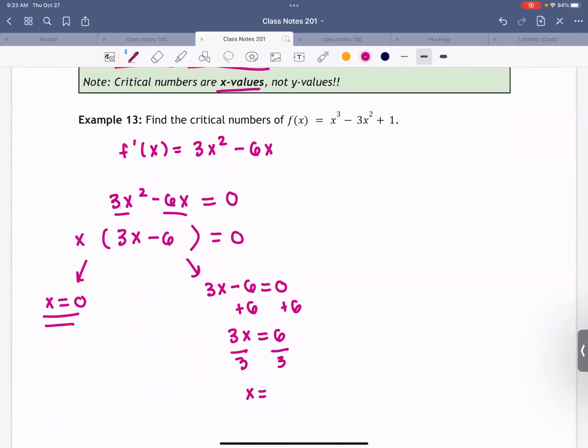So x equals 2. Okay, so I found out that the x values where my derivative equals 0 are x equals 0 and x equals 2. Now we're not done yet because we also have to figure out where our derivative doesn't exist. Okay, where does my derivative not exist?